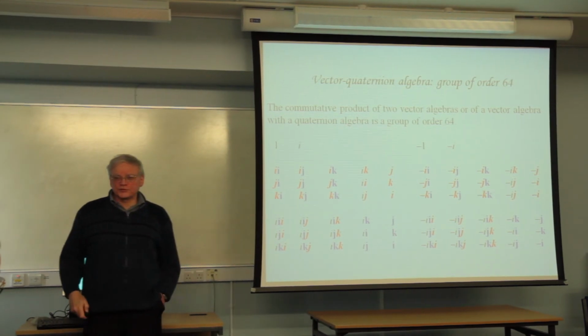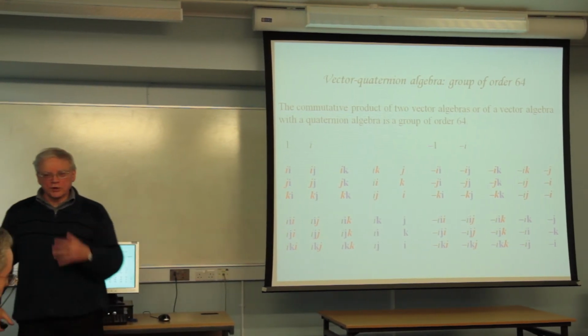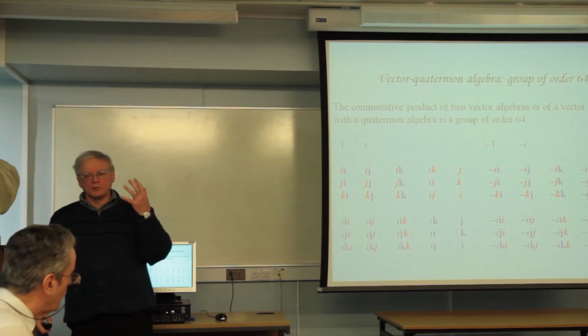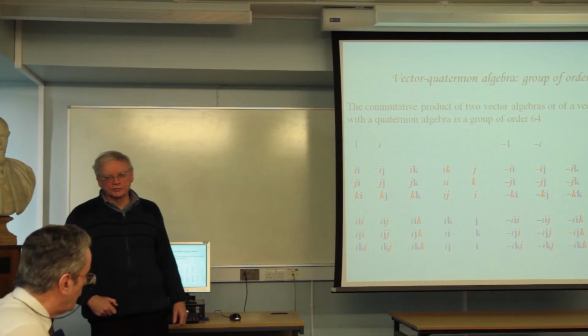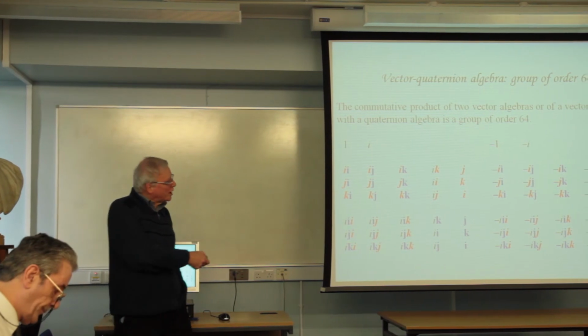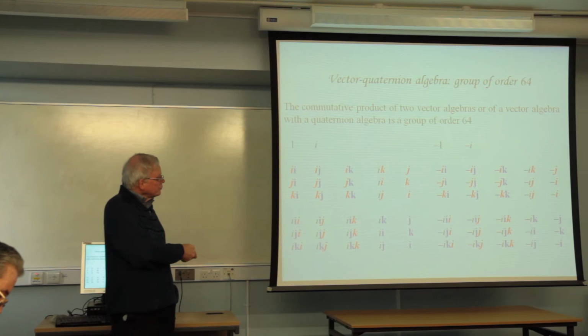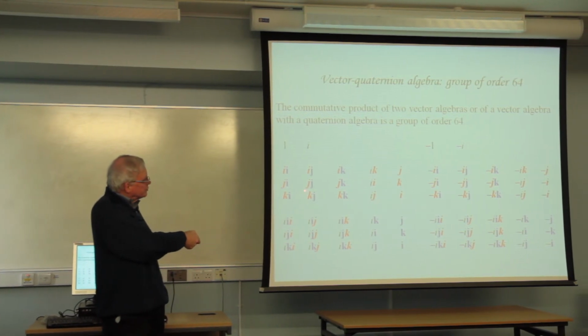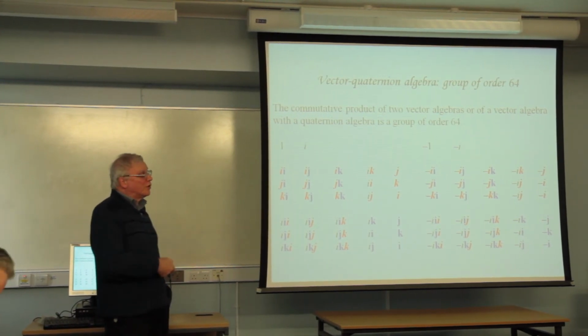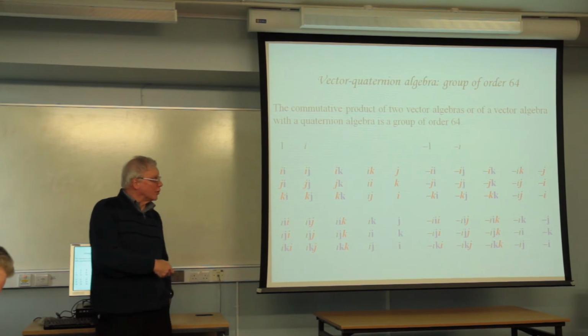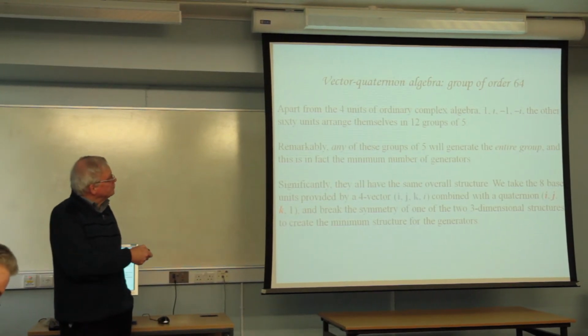There are 12 different sets of generators for the group. I only need one of them, I don't need them all, to generate the entire group. And this group requires 5 generators to generate it. So it requires any of these. Then there are other versions of it, but they all look very similar. I'll explain it in a moment.